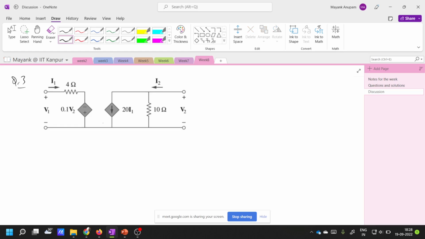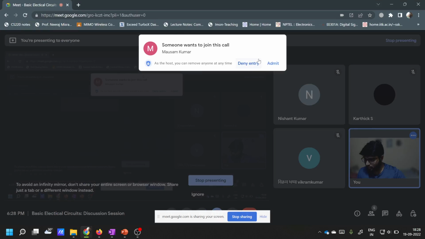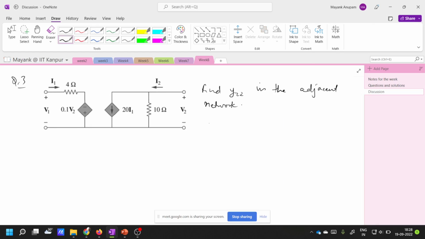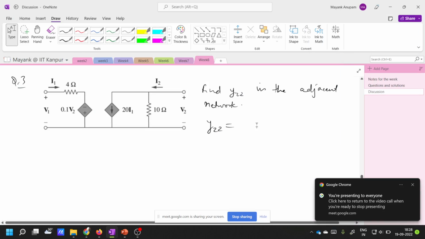Here you have to find Y22 in the adjacent network. What is Y22?